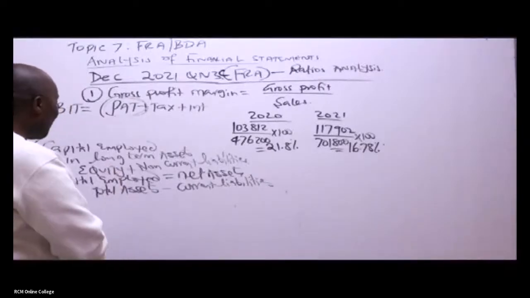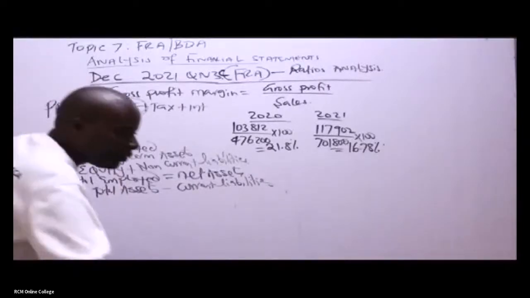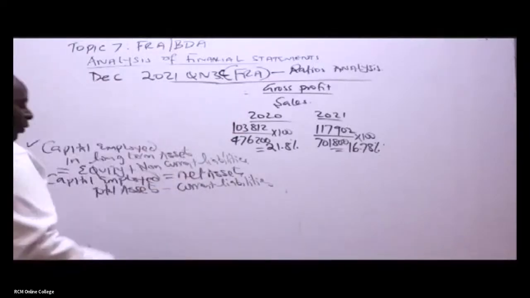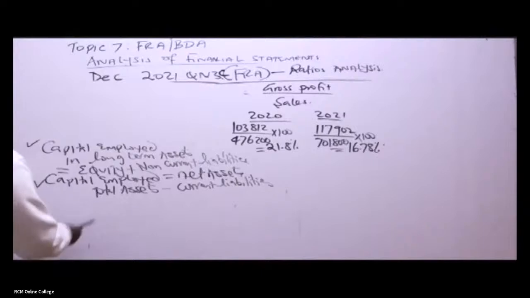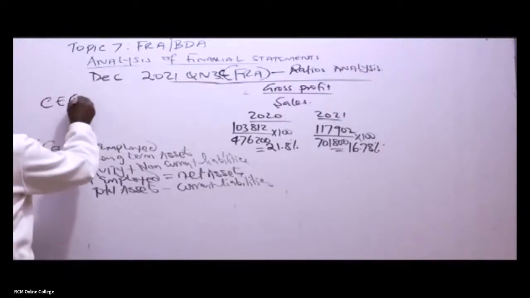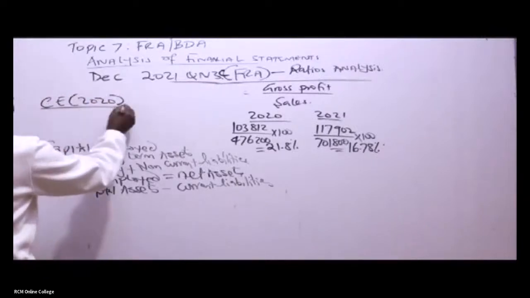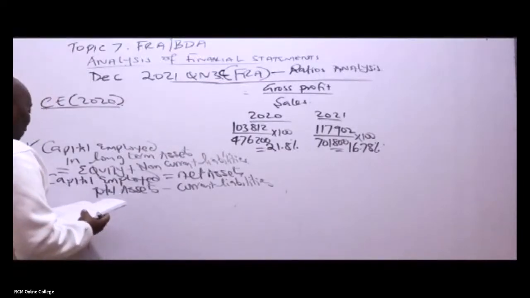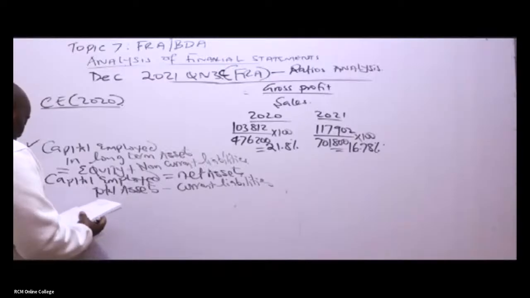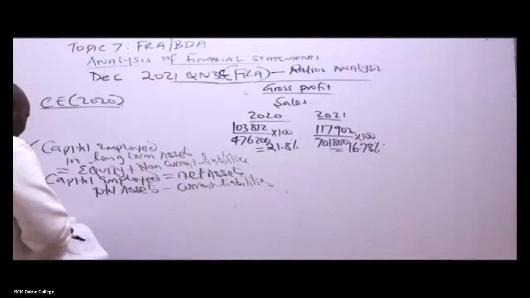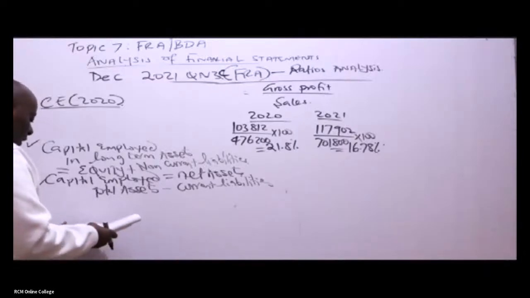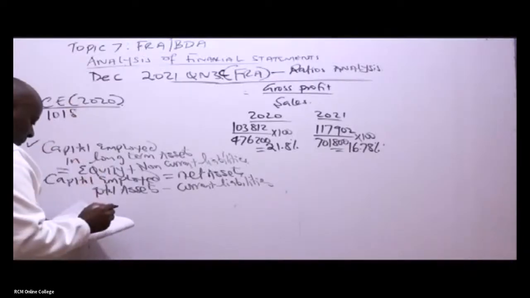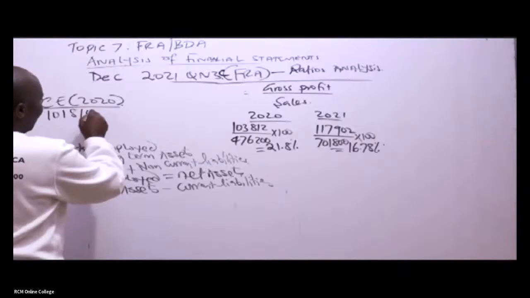And for the year 2020, I have to make work easier for you. Are you able to give me CE, capital employed, for the year 2020? How do we get our total assets? It's very easy. First of all, non-current assets, they are 1,018,140.